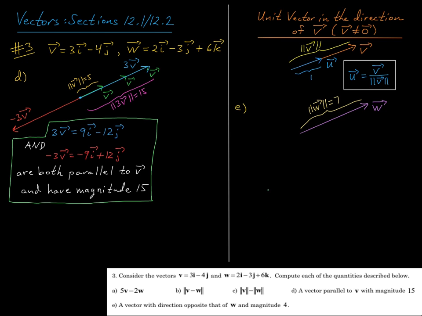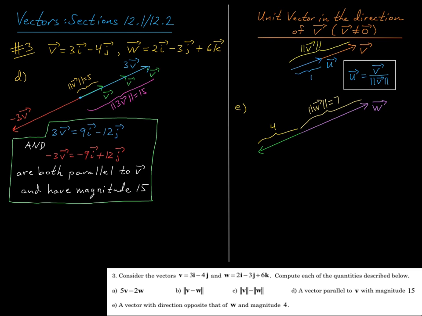Okay, so now looking at part E, this says build a vector with direction opposite that of w, and it has to have magnitude 4. So here's the vector w, and as we noted back in part C, the magnitude of w is 7. So I want to build a vector that points in the direction opposite w, and it has to have magnitude 4.